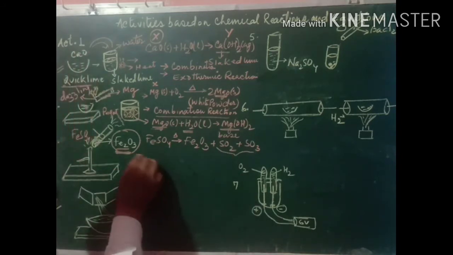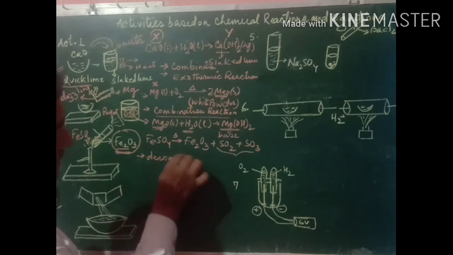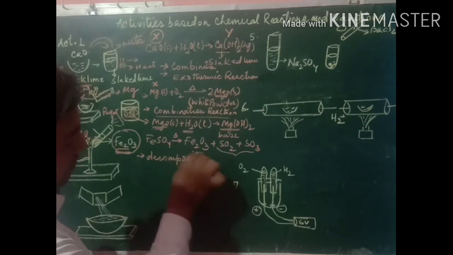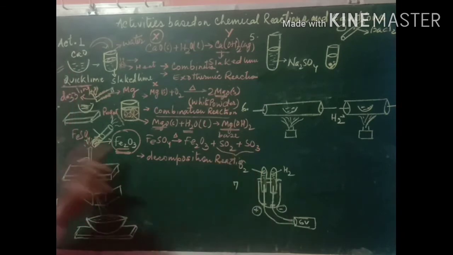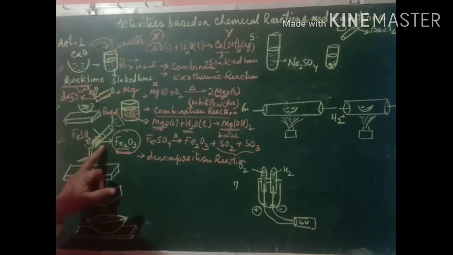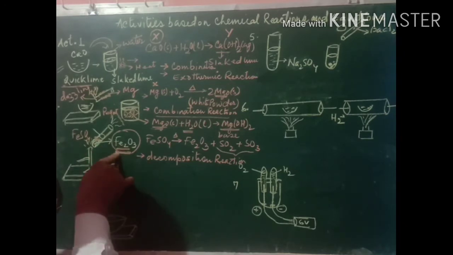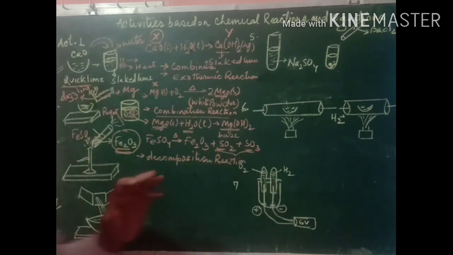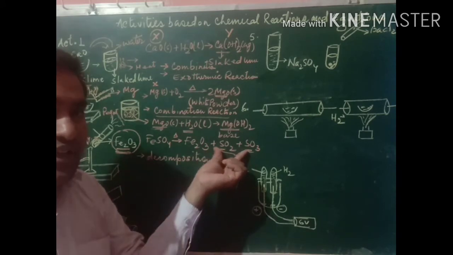So this is a decomposition reaction. Remember, this is very important. When ferrous sulfate is taken in a test tube and burned, it forms ferric oxide, Fe2O3, along with the gases sulfur dioxide and sulfur trioxide, which have a pungent smell.